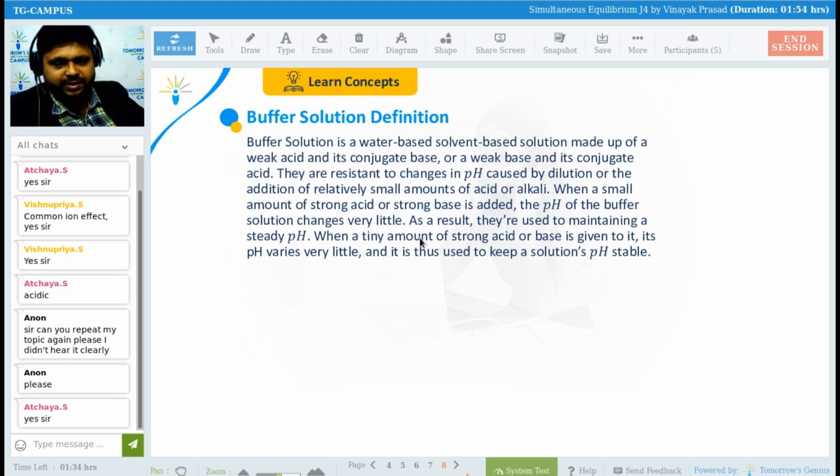Can you think of an example for this? Is there anyone who can give an example? So guys, write the example for this: a mixture of acetic acid and sodium acetate.